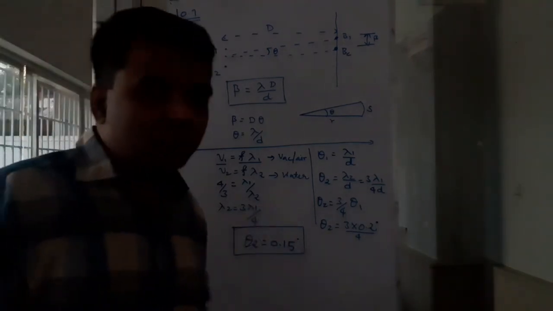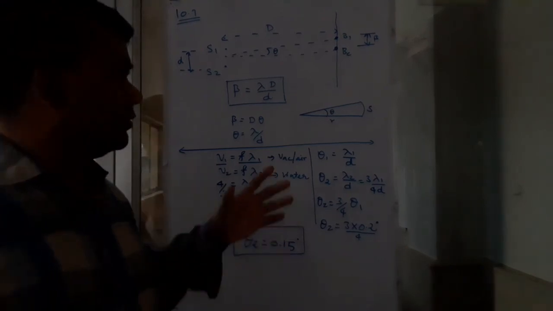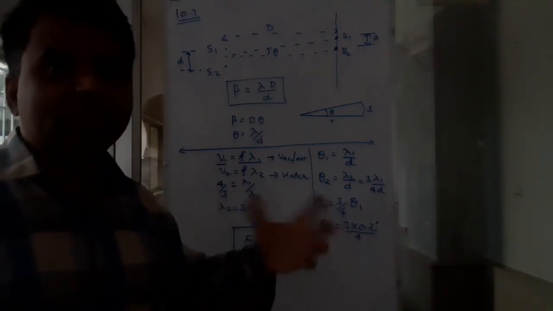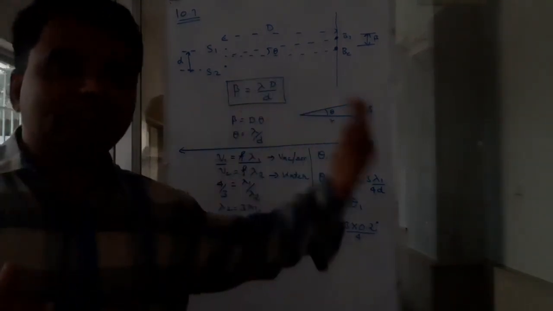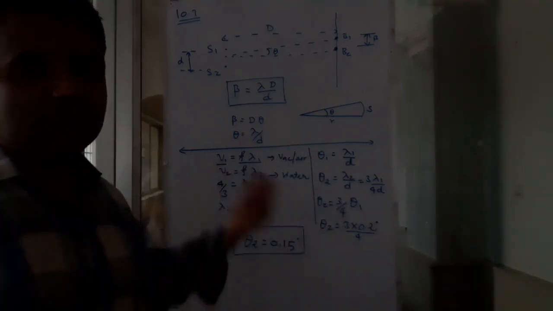This is much easier to do this way, rather than converting this degree into radians, finding theta 2 in radians, and finally converting it back into degrees.